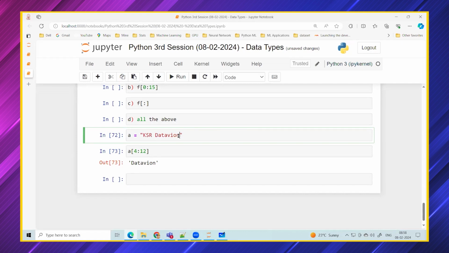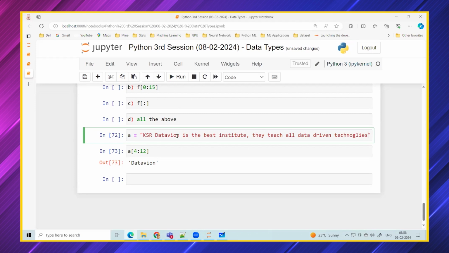But if someone is saying KSR is the best institute, they teach all data-driven technologies, in that case, I will not be able to count it.